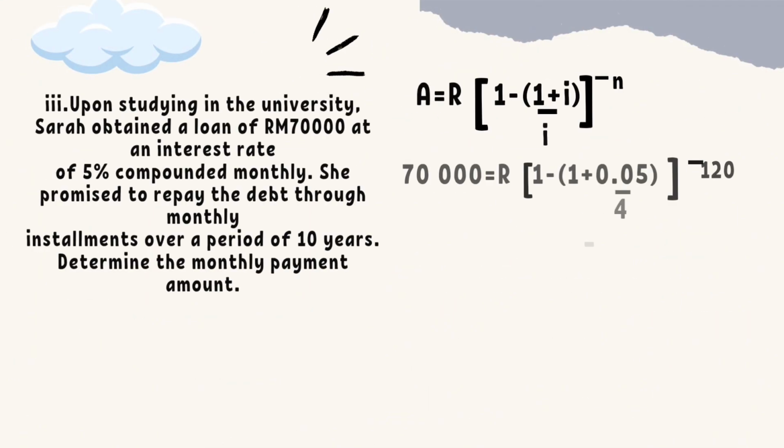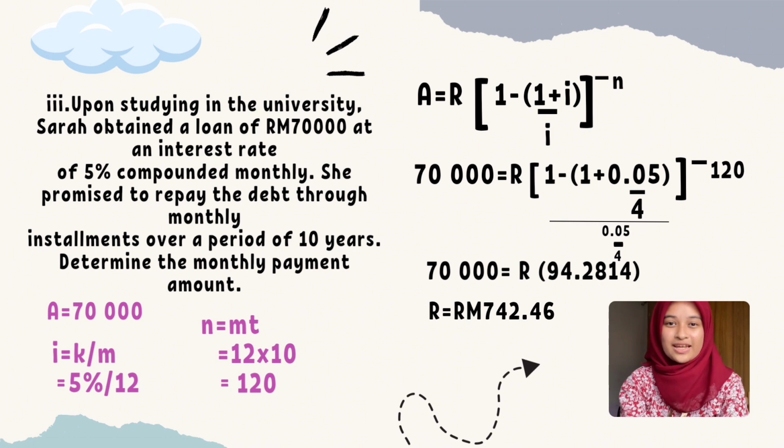2,403.33. Third question is, upon study in the university, Sarah obtained a loan of Rm 70,000 at the interest rate of 5% compounded monthly. She promised to repay the debt through monthly installments over a period of 10 years. Determine the monthly payment.